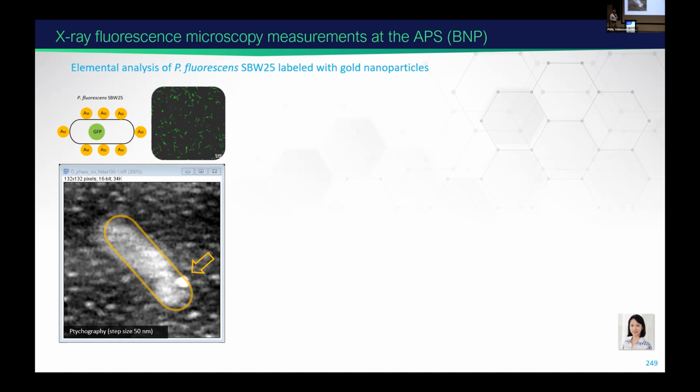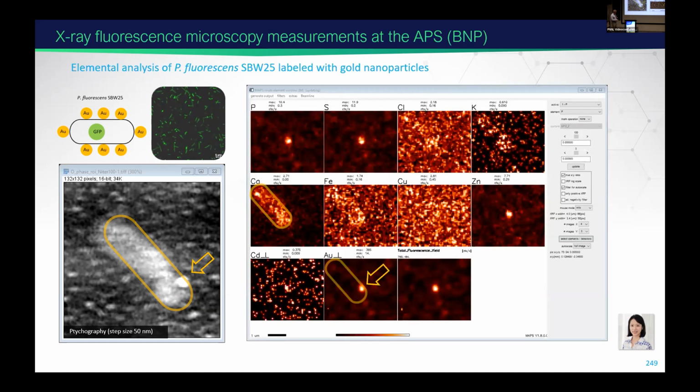On the bottom left, you see the bacterial cell, and you see a fairly large bright spot on it. And then when you look at elemental distribution at 50 nanometer resolution, you can see in one of the panels that calcium was lighting up the microbe, and then you can also see the gold label on that.